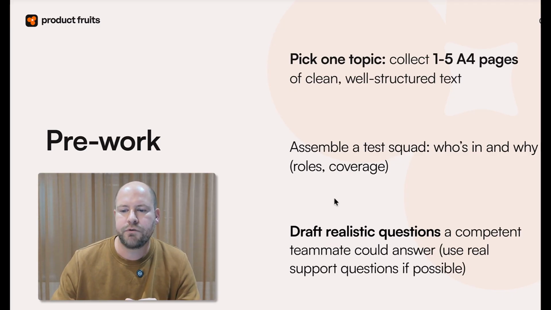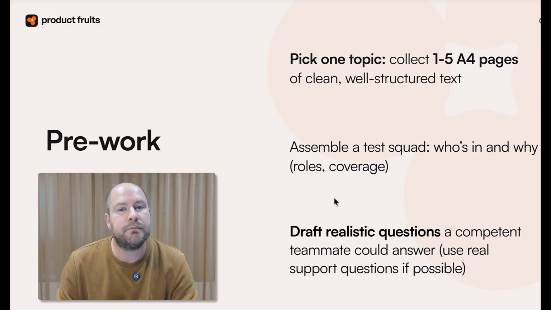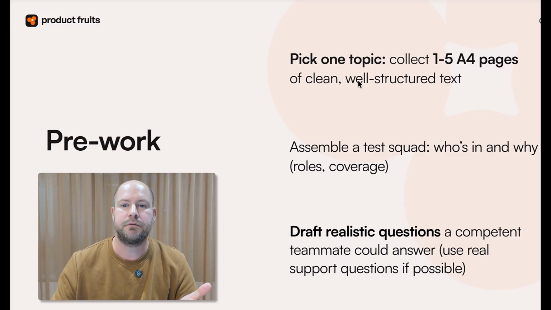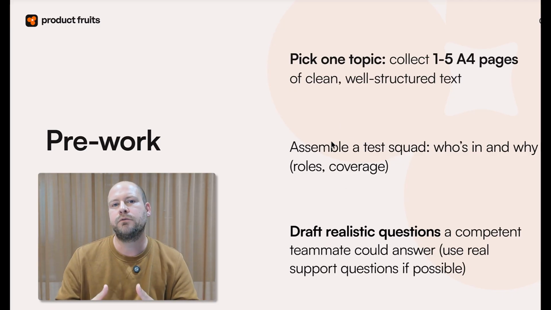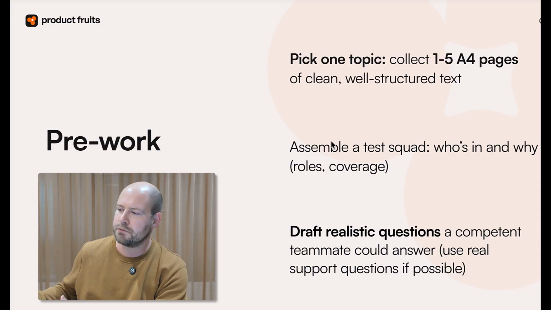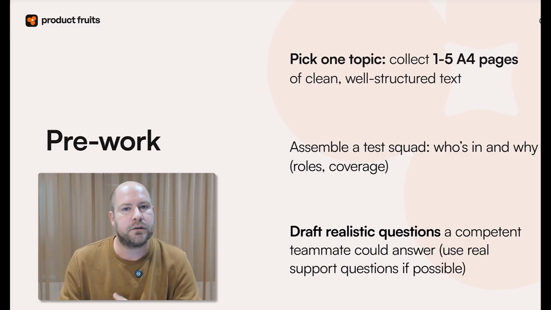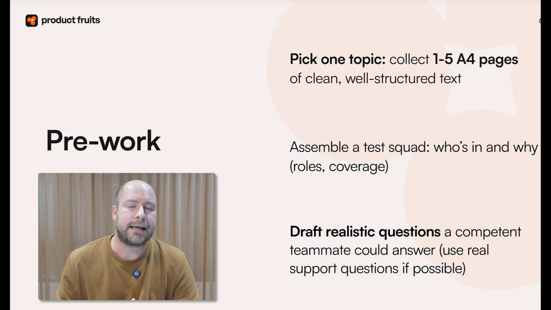And then draft realistic questions, or do it with your teammates, which you will ask Elvin. Imagine you share this couple-pager from point one with Elvin, and then think: if I had a colleague who is quite intelligent but doesn't know everything, just what is in those 1 to 5 pages, what questions could I ask and expect him to answer well?